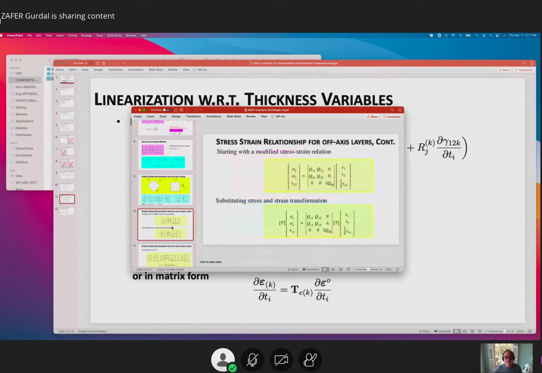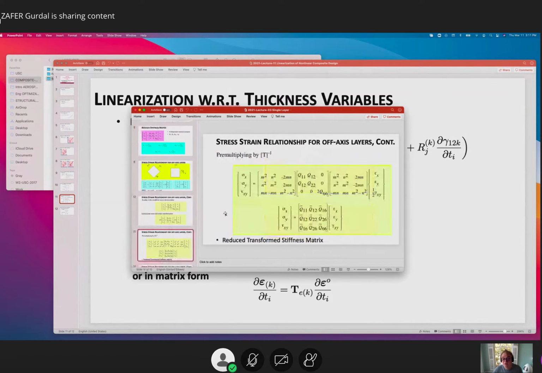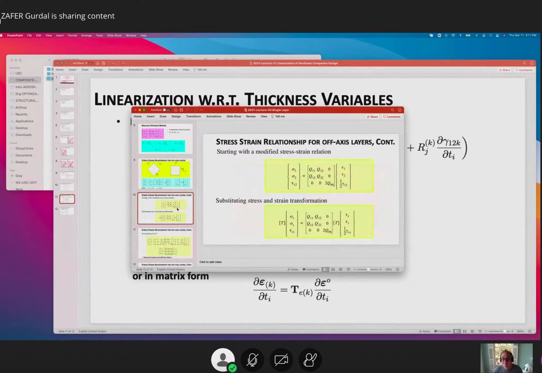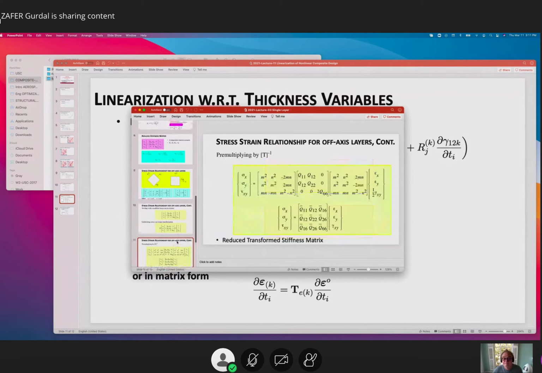Now, if I do this, then I can take the mid-plane strains and compute the stresses along the XY directions by using a Q-bar matrix. That's the reduced transformed stiffness matrix.